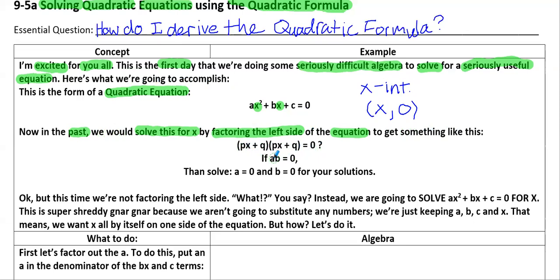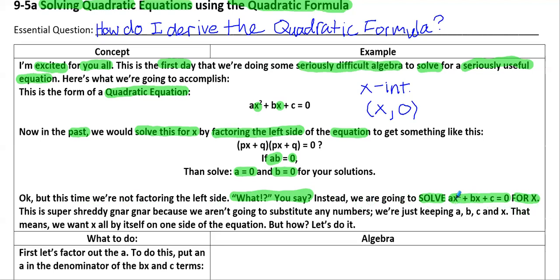The point is we wanted to use the zero product property: set each factor equal to 0 and solve for x. But this time, we're not factoring on the left side. What, you say? Instead, we're going to solve ax squared plus bx plus c equals 0 for x.